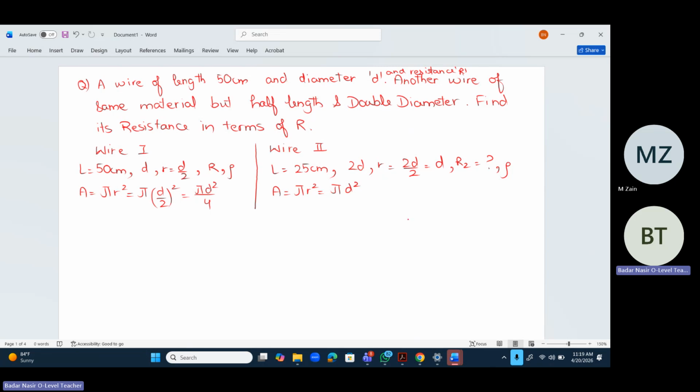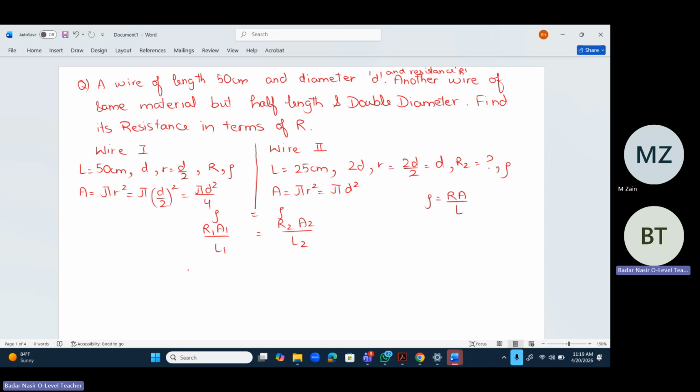We should remember the formula of resistivity, R A over L. Based on this, we can use R1 A1 over L1 is equal to R2 A2 over L2, because their resistivities are equal.